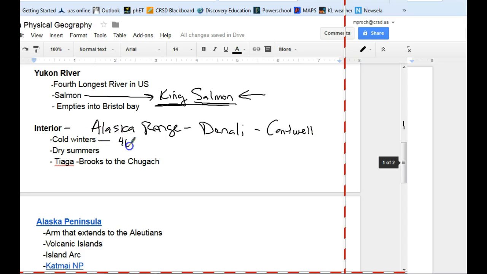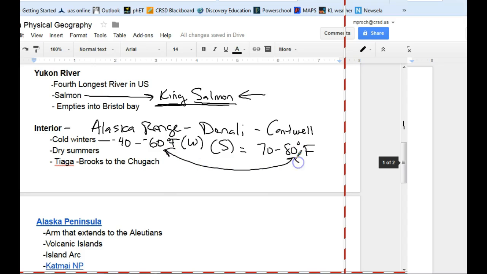So if you've lived here long enough, you know we get to -40, even all the way up to -60 degrees Fahrenheit. Really, really cold. That's the winter. But in the summer, it can go up to 70 to 80 degrees Fahrenheit. So you have this difference of almost 140 degrees. That's a huge difference.